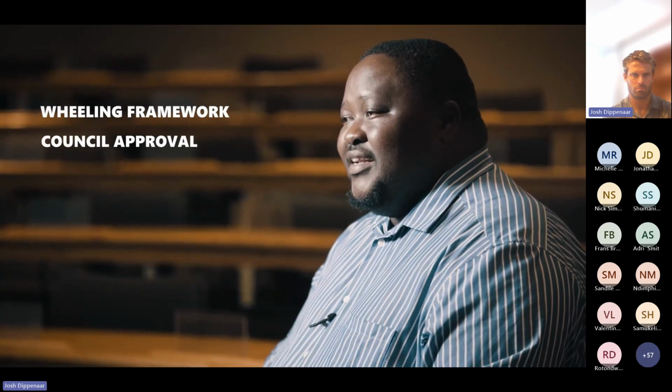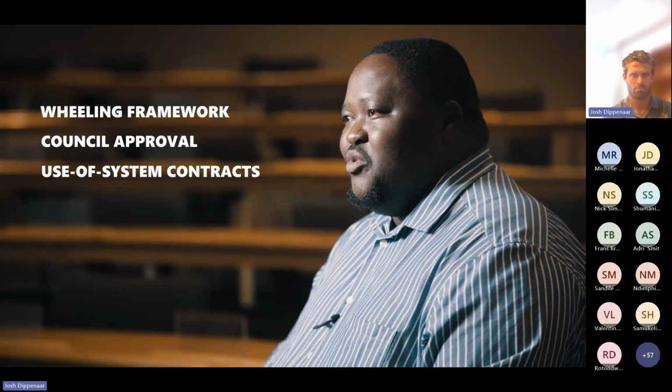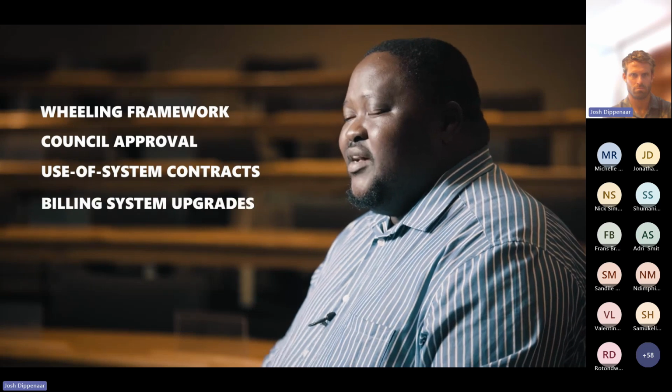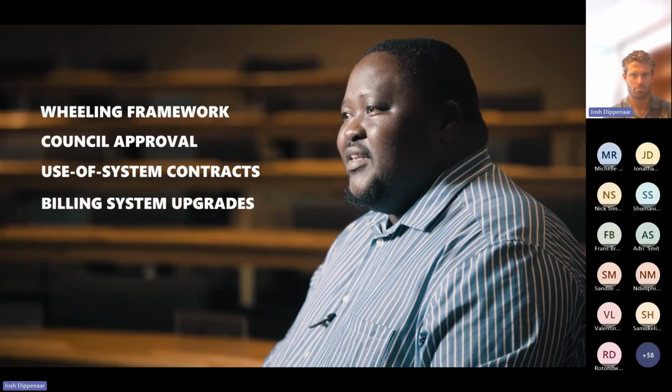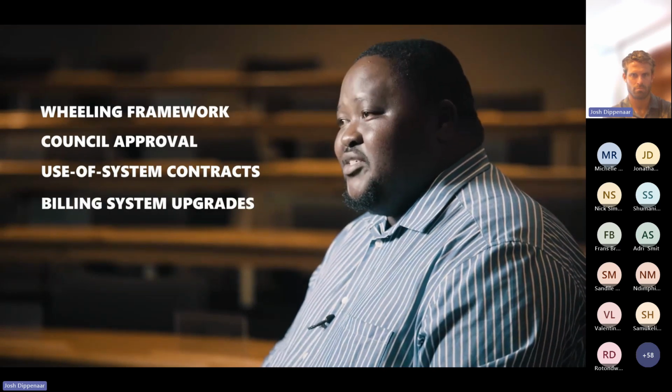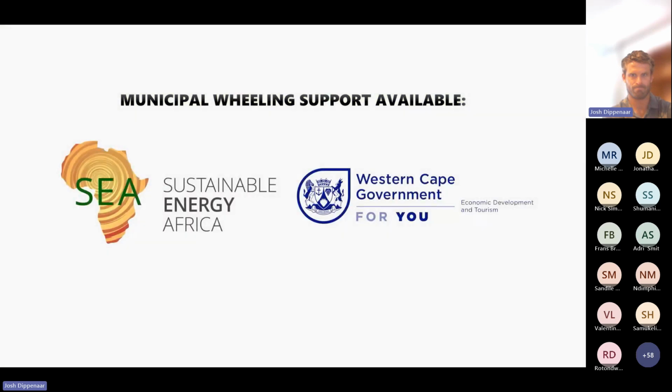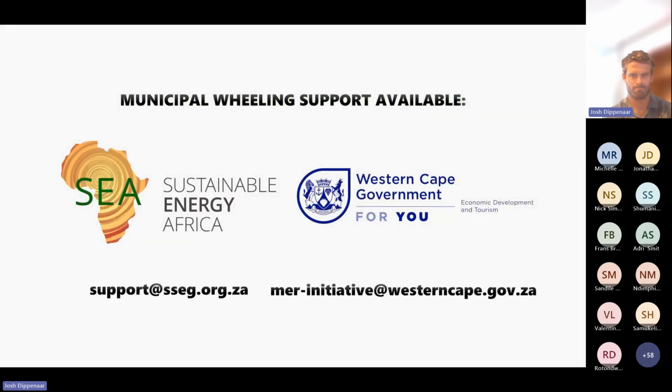Thirdly, ensure that the necessary contracts and commissioning reports are in place. And then lastly, ensure that the billing system is adapted in such a way that it can handle the wheeling transactions. There are lots of ways to engage and learn more about wheeling. Reach out and we'll guide you on the best way forward.